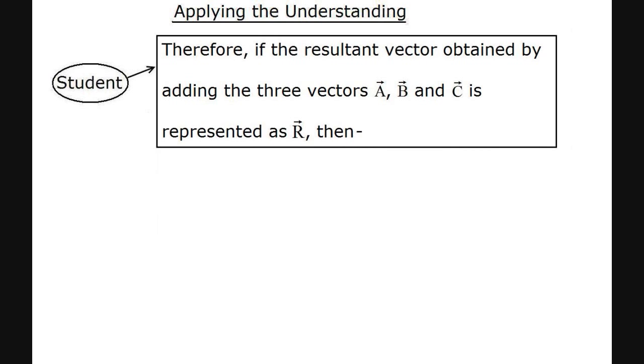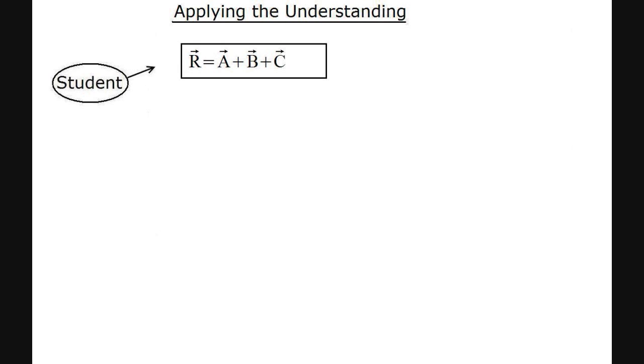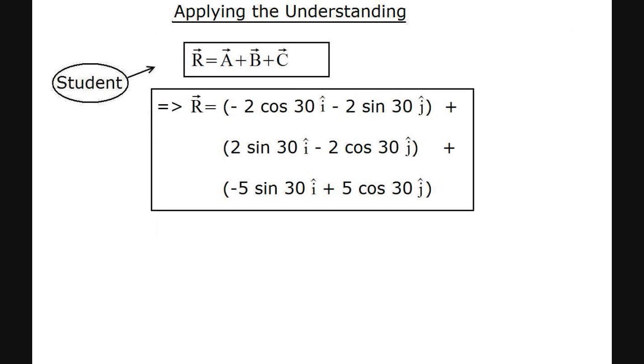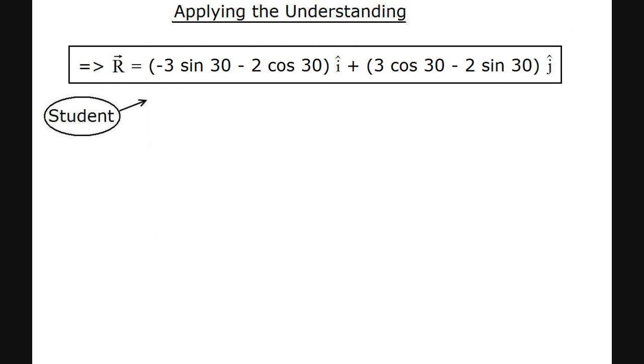Therefore, if the resultant vector obtained by adding the three vectors A bar, B bar, and C bar is represented as R bar, then R bar is equal to A bar plus B bar plus C bar, which implies R bar is equal to minus 2 cos 30 i hat minus 2 sin 30 j hat plus 2 sin 30 i hat minus 2 cos 30 j hat plus minus 5 sin 30 i hat plus 5 cos 30 j hat, which implies R bar is equal to minus 3 sin 30 minus 2 cos 30 times i hat plus 3 cos 30 minus 2 sin 30 times j hat.